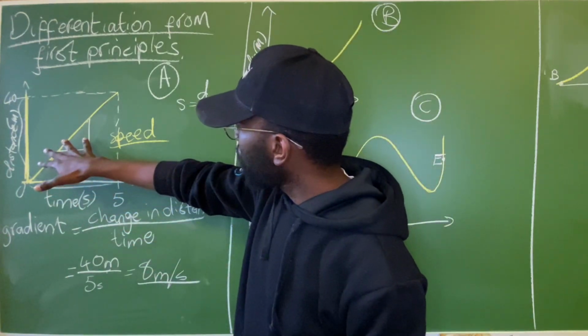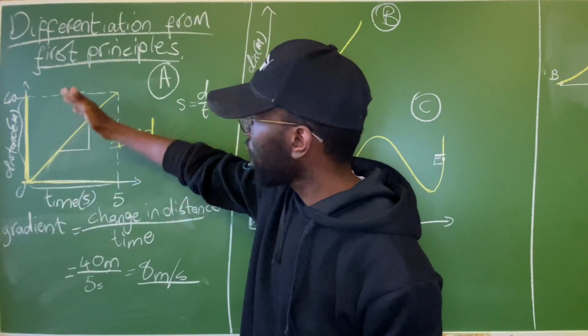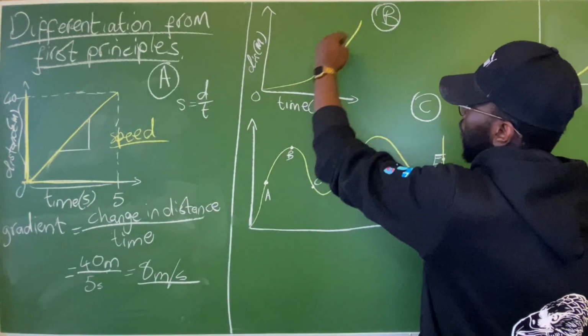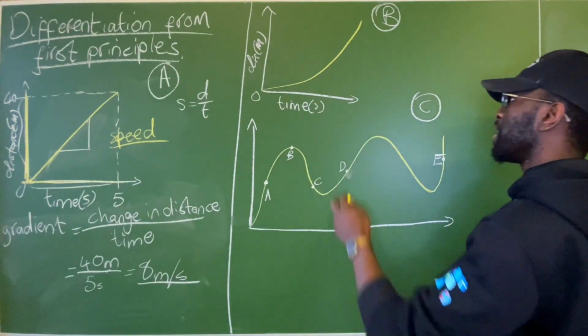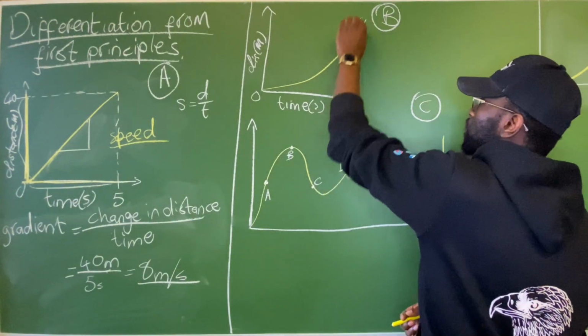The problem now is that this gradient will not always be linear. Even a car will never just be moving at a constant speed. Sometimes our graph will be curving like this, and then we will have different gradients at different points.